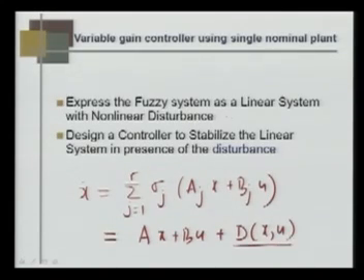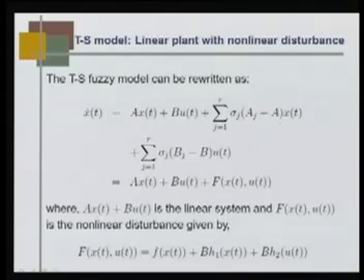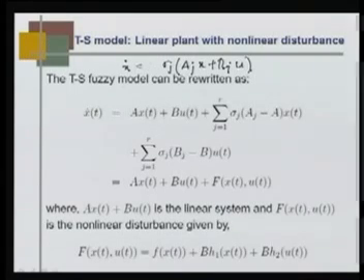This is what I am saying here. Express the fuzzy system as a linear system with nonlinear disturbance. Then design a controller to stabilize the linear system in the presence of this disturbance. Okay. So, the original plant was x dot is summation j equal to 1 to r sigma j (Aj x plus Bj u). So, this is my original plant.